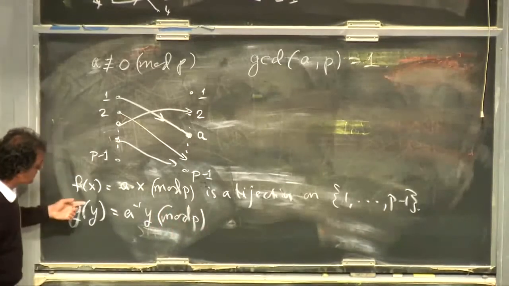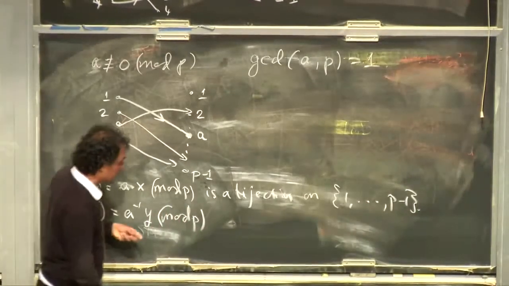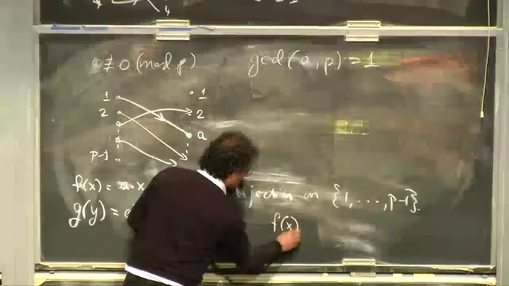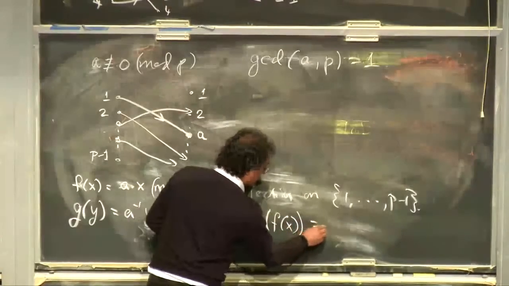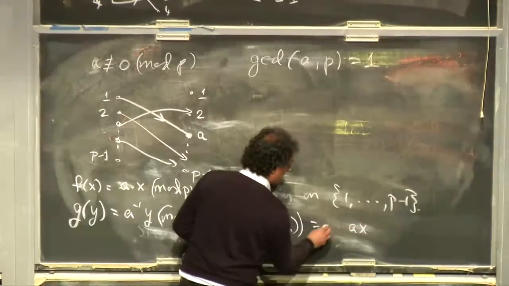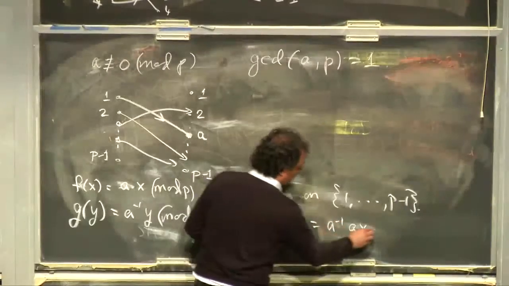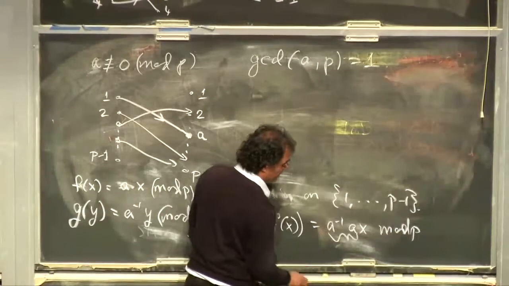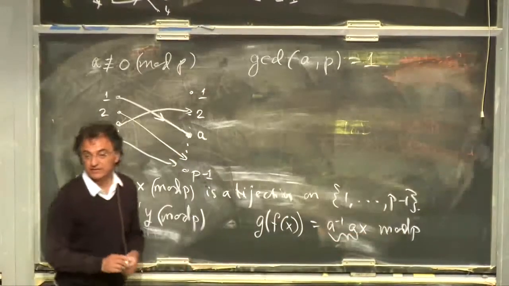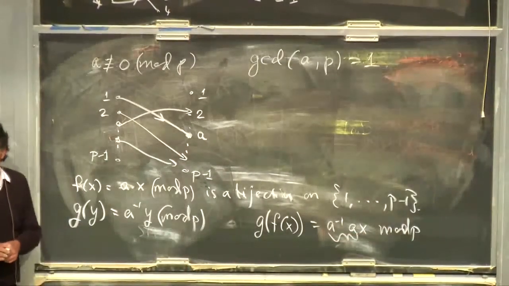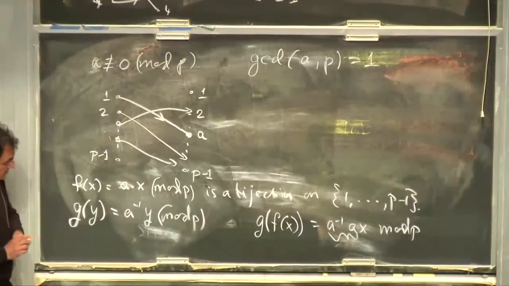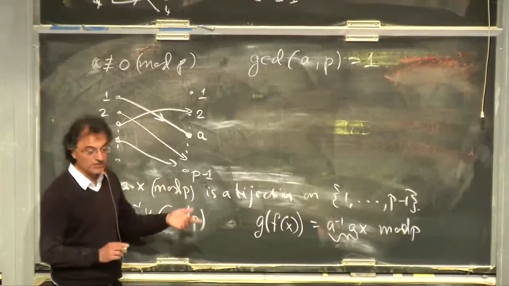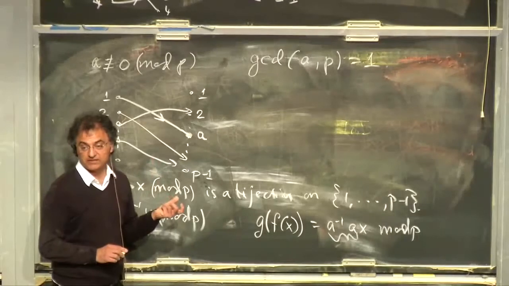And this has the property that if you do f of x and then you do g of that, you get a inverse times a times x mod p. And that's just, these cancel, and you just get x. Right? Same thing if you do f of g of something, then you get back whatever it is. Right?